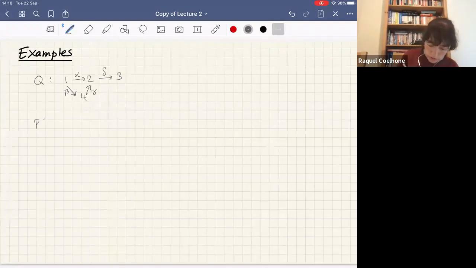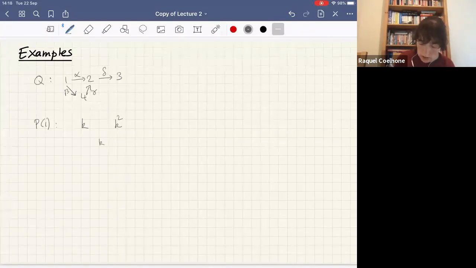So what's the projective at 1? At vertex 1 is just the path that starts and ends at 1. This is just a constant path here. So we put a copy of k because it's just generated by one path. And then at 2 we have alpha and beta gamma. So we have 2 paths, so k2 here. For 4 there's just one path, beta.